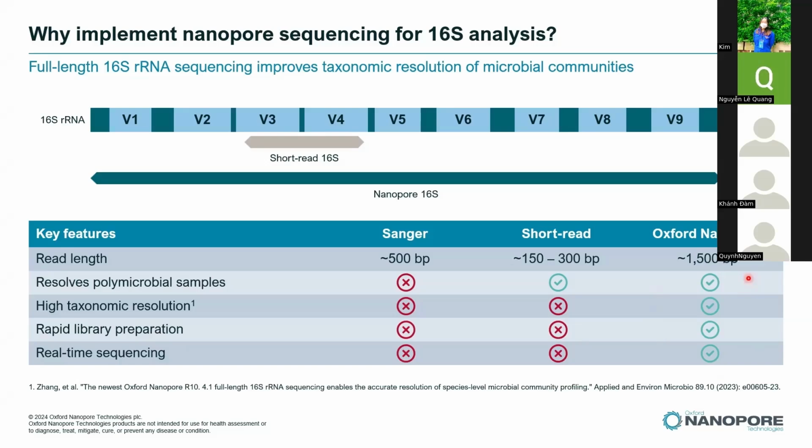In contrast, long reads, such as Oxford Nanopore, allow full-length 16S sequencing. We cover the entire 9 hypervariable regions. So this approach provides a higher taxonomic resolution, and it allows more accurate species level identification, particularly for closely related organisms.